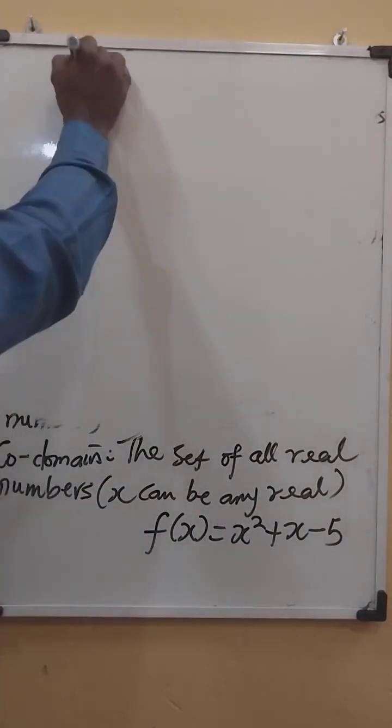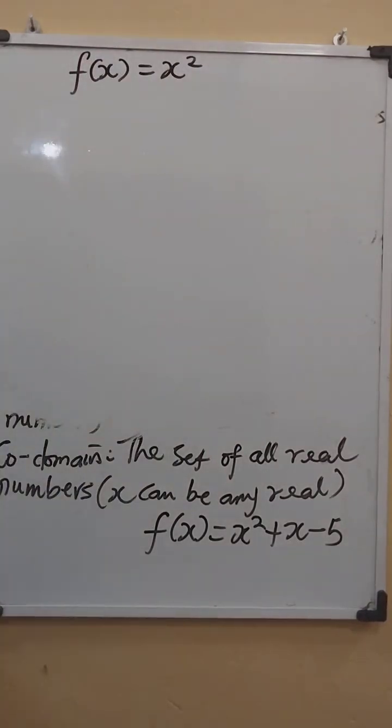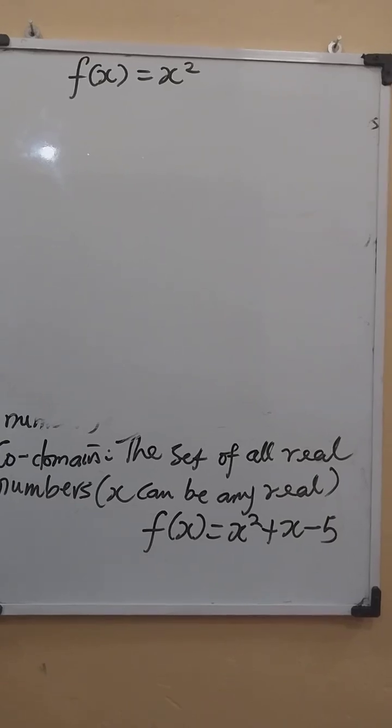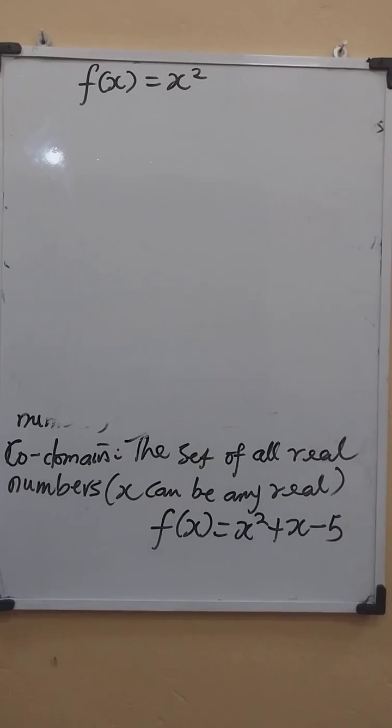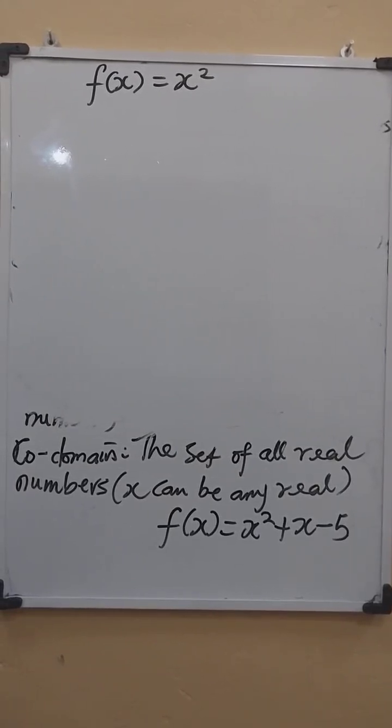So like we said now, if f of x is equal to x squared, let us assume, so what is a real number now? Can anybody tell me what a real number is very quickly? What is a real number? Yes.